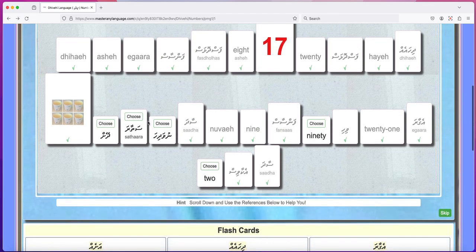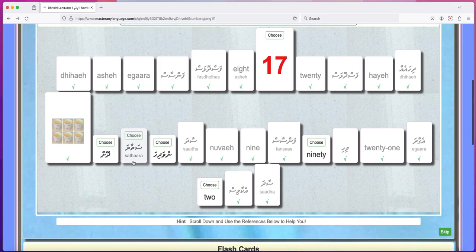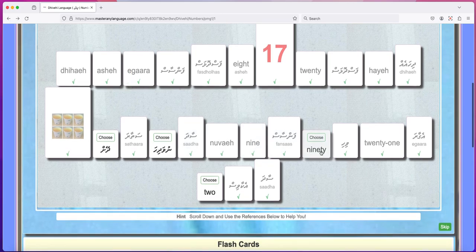Step by step. So, Dike, Eke, then Deke, I think. Satara is 17. 90 would be Nufada. No, I don't know what 90 is.